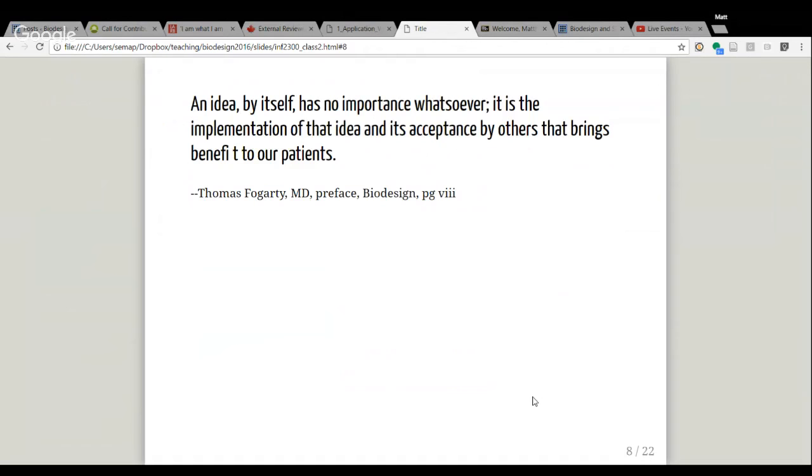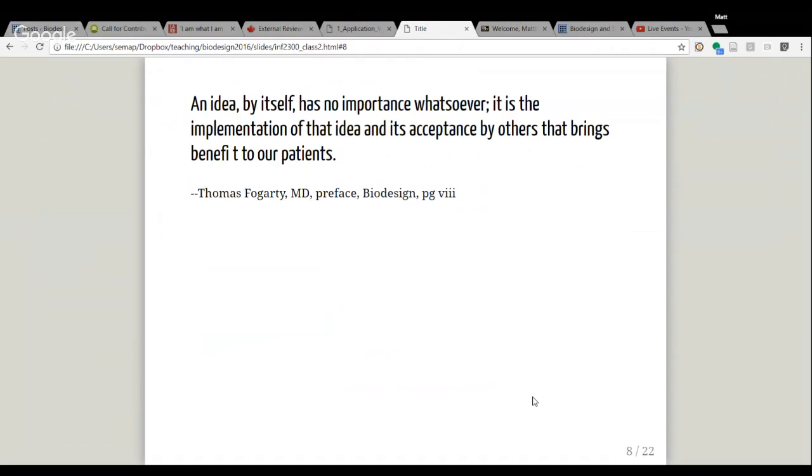I want to start, though, by restating this great quote from the textbook itself, something that I've heard a number of people say in the areas of technological innovation, which is simply this: that an idea really has no importance whatsoever. It's the implementation and its acceptance by others that brings benefit to patients.